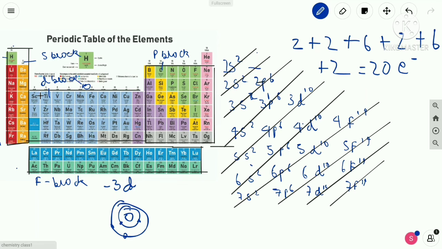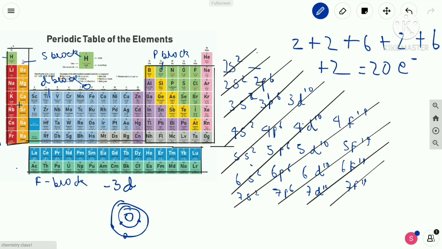So how can we fit all of them into the periodic table? It will disorient it. So that's the reason we just put them below. They all have 3D electrons, but we cannot fit them over here because it will just disorient the periodic table.